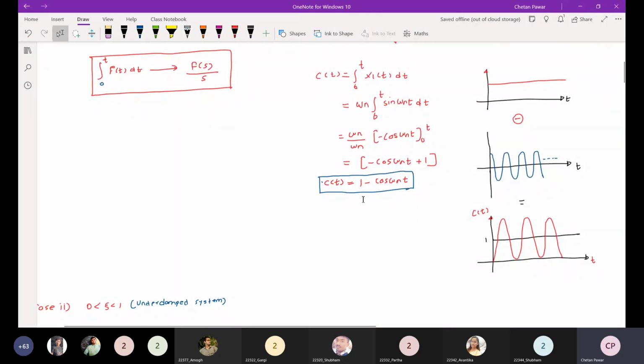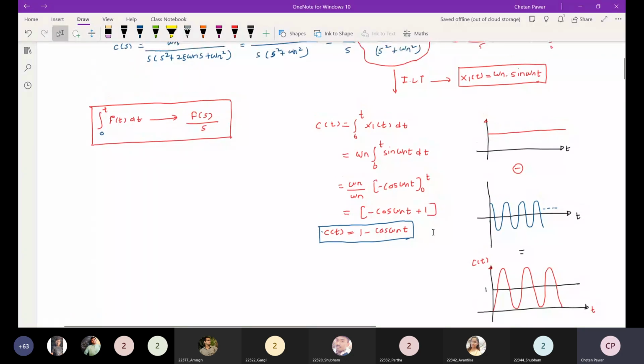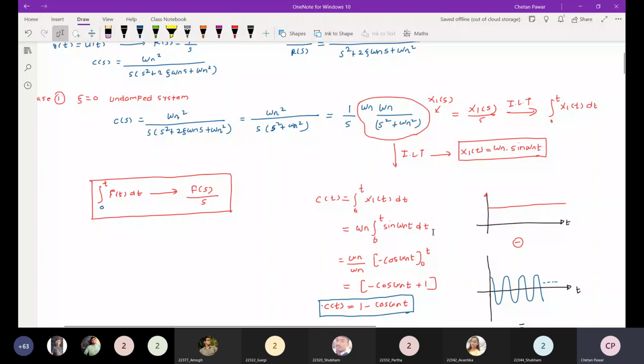You can see this oscillatory response is riding on this unit step signal. Similarly, if you apply a ramp signal to this undamped system, the oscillatory response will ride on that. This is the conclusion when you apply a unit step signal to an undamped system.